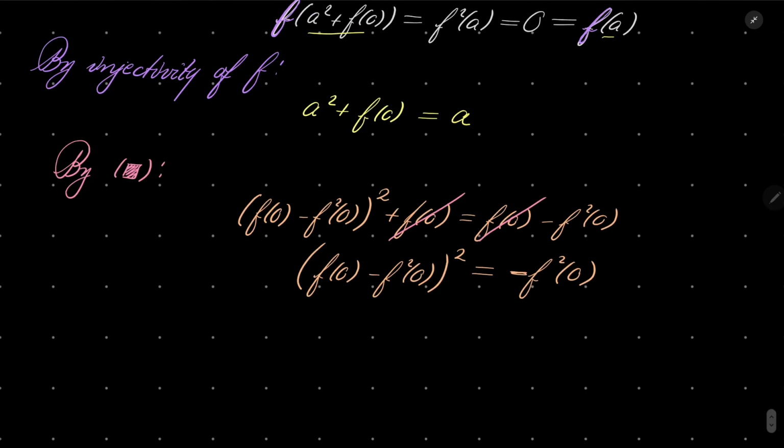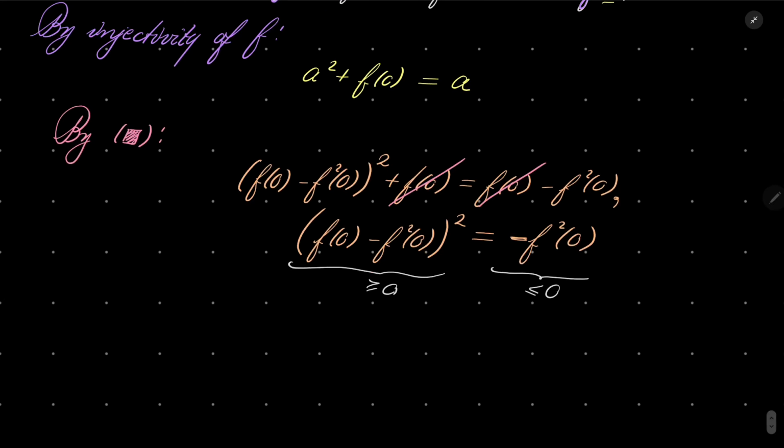And now we have an interesting situation, because the left-hand side, it's a square, is obviously non-negative, while on the right-hand side we have minus a square, so it's non-positive. The only possibility for that to be true is that both sides must be actually 0.